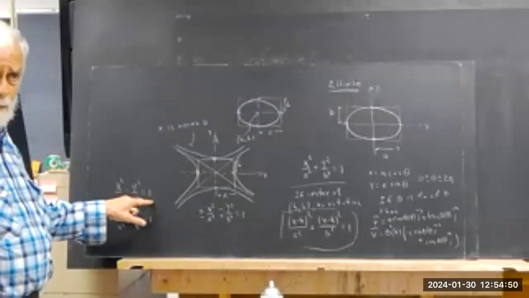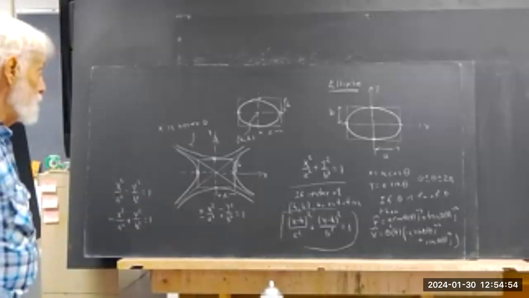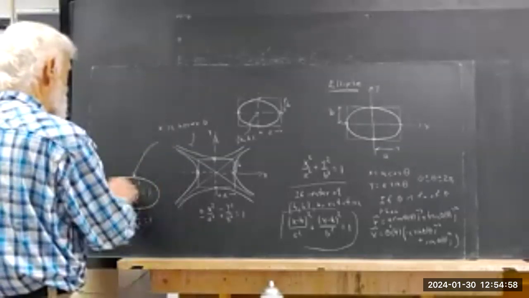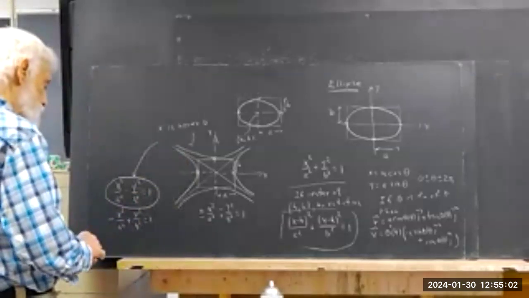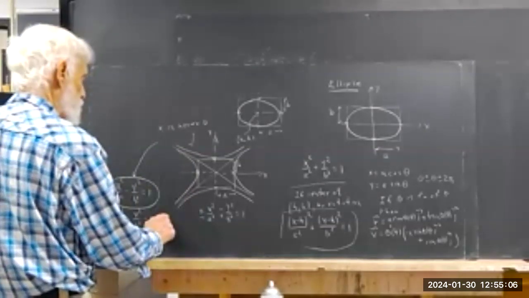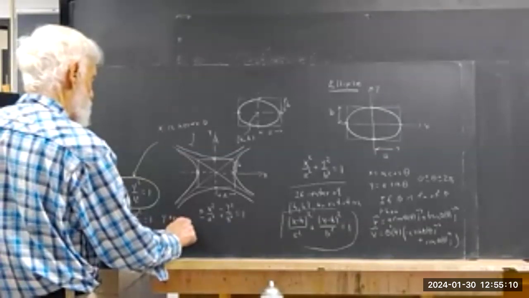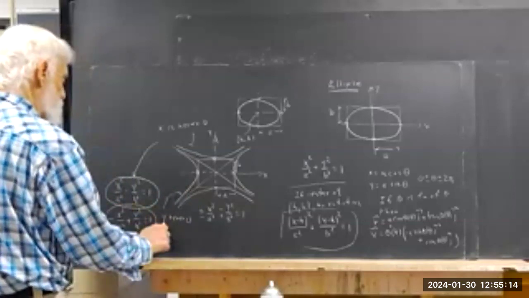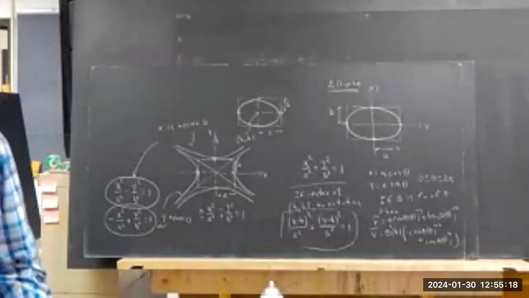It can't be. That makes sense. So that's this hyperbola. And for this one, y is never 0 here. If you let y equal 0 here, you get something impossible.